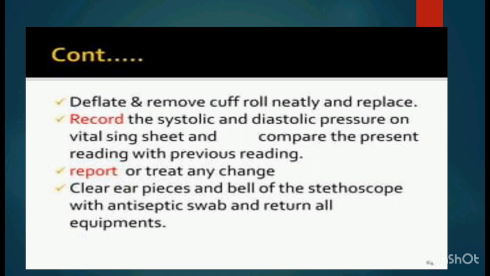Record the systolic and diastolic pressure on the vital sign sheet and compare the present reading with the previous reading. Report and discuss any changes with the health professional. Clean the earpieces and bell of the stethoscope with an antiseptic swab and return all the equipment.